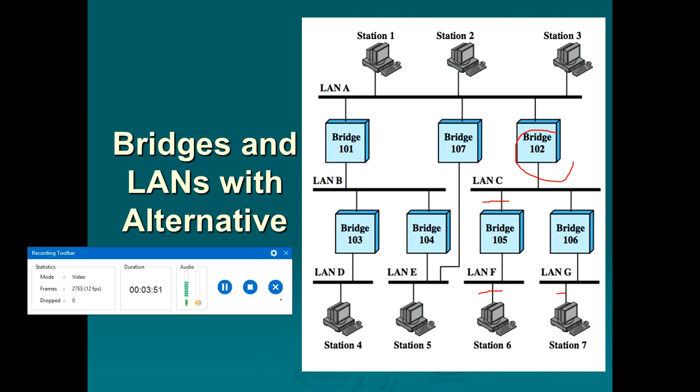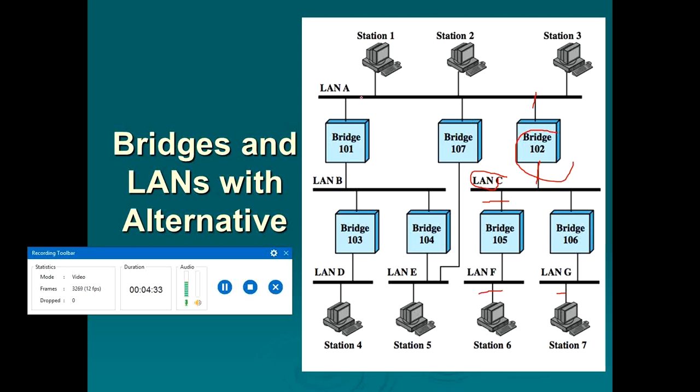Let's understand one example from here. Let's first understand what the port is. If you see, the bridge has two ports. On one port it is attached to LAN A, and on the other port it is attached to LAN C. That's why I said LAN C, LAN F and LAN G are on the same side of the bridge as the LAN C port, whereas LAN A, LAN B, LAN D and LAN E are on the same side of the bridge on the port of LAN A. Now, when a frame is received on any port, the bridge has to decide whether the frame is forwarded through the bridge and out on the bridge's other port.